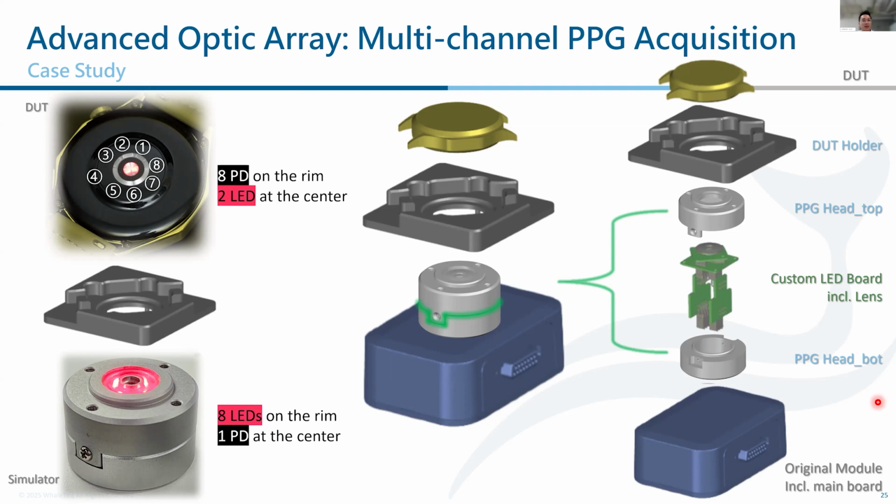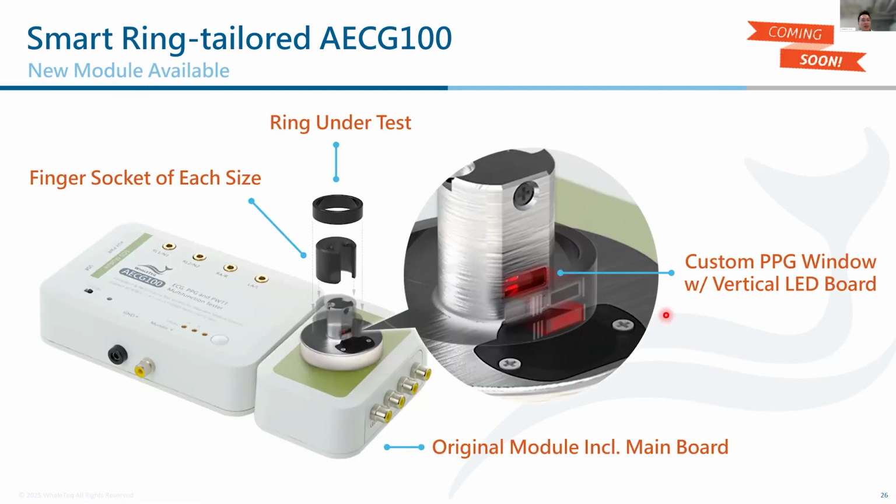And another piece of news is that in the second half of this year, we'll be launching a smart ring module. So besides the AECG100 main unit, the module will be offered in the shape of a finger that the smart ring can sit in. And we also consider the sizes available for the rings. There are ring sockets over there.